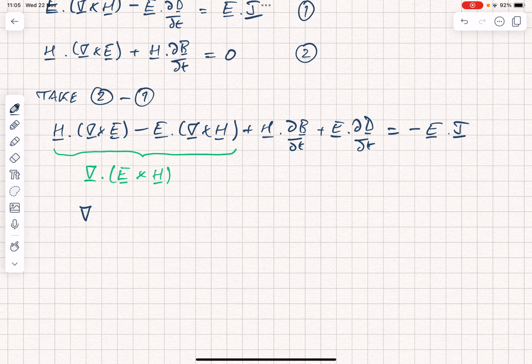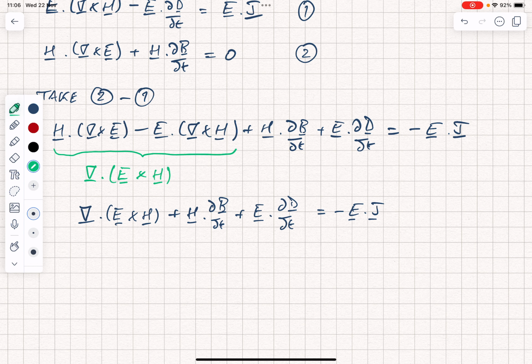The divergence of E cross H plus H dot dB by dt plus E dot dD by dt is equal to minus E dot J.